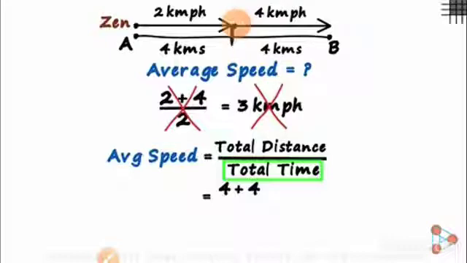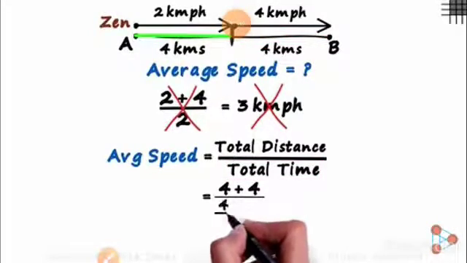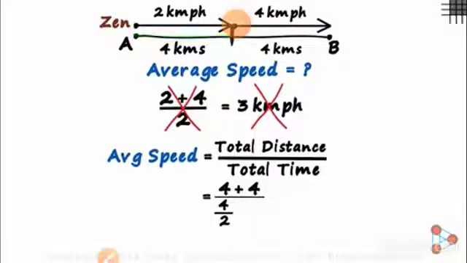Since you know that time is equal to distance by speed, the total time will be distance by speed. That means in the first part 4 divided by 2, plus in the second part 4 divided by 4. So this will be the time taken.